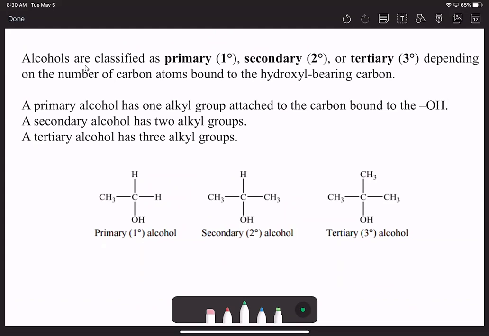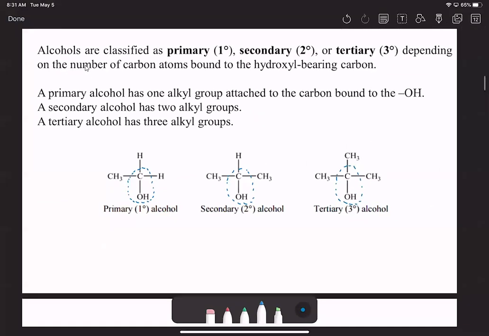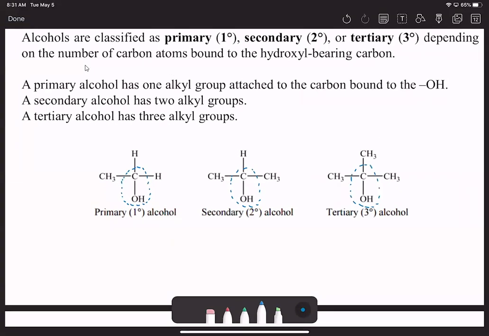So I'm going to circle this over here in each one of these cases here. So this is the carbon that's going to decide what type of alcohol that you have. Do you have a primary, secondary, or tertiary alcohol?